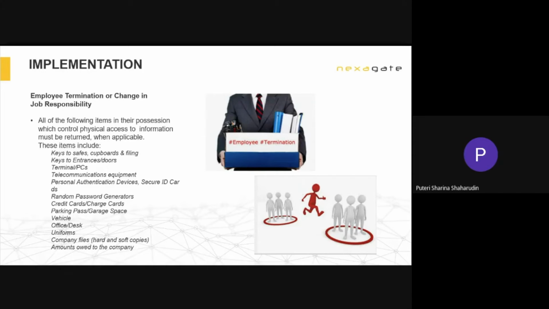The termination checklist should be used for each occurrence. If keys have not been returned, it may be necessary to replace locks that protect sensitive information.